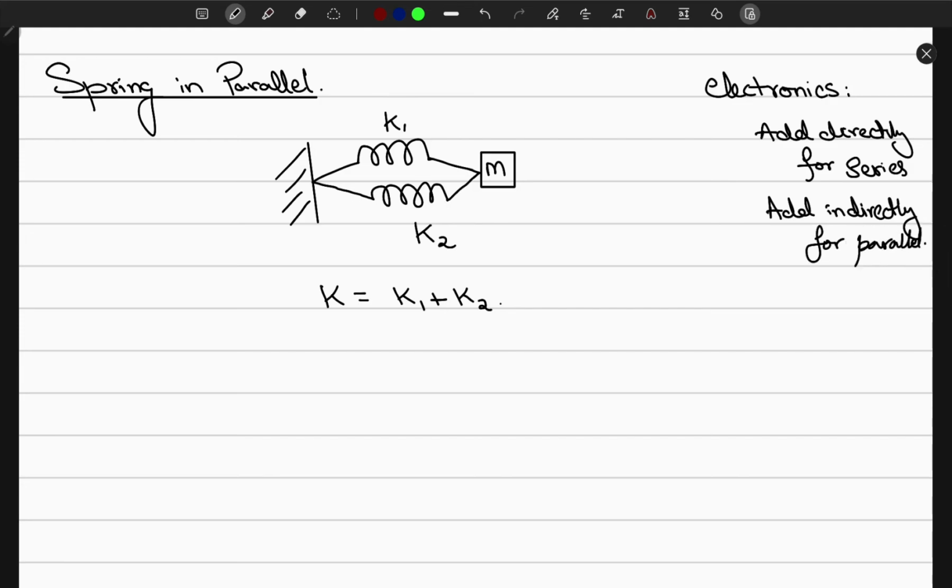So it's just the reverse of what you do in electronics in this spring system. In parallel, you're just directly adding k1 to k2.